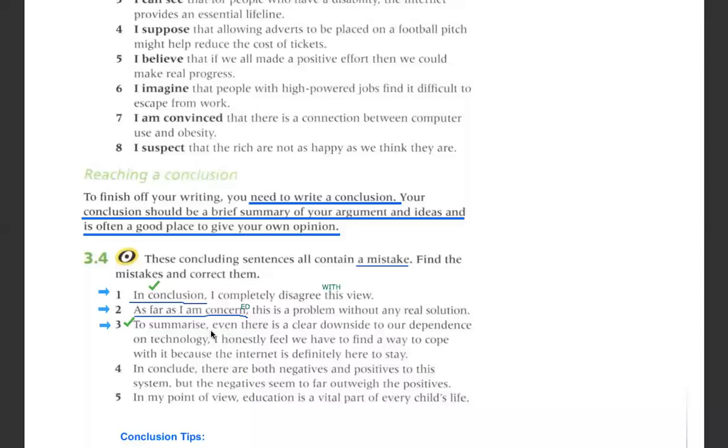It's with our linking word here. So we don't say even there is, we say even though, and it's 2 words.